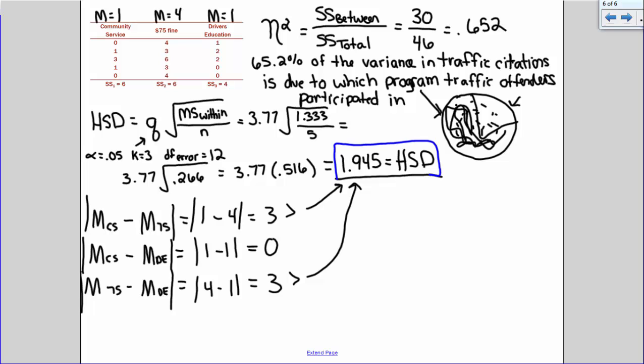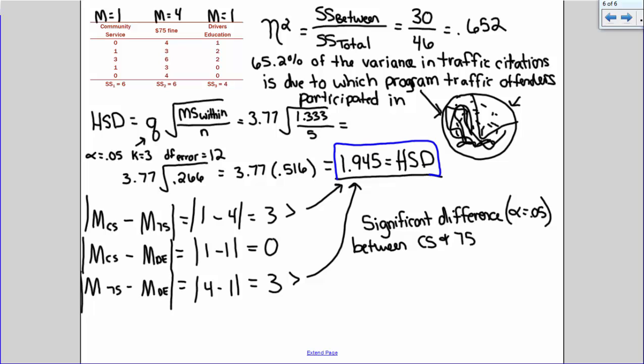So, we can do this a slightly different way: a significant difference with an alpha level of 0.05 between community service and a $75 fine, and the $75 fine and driver's education.